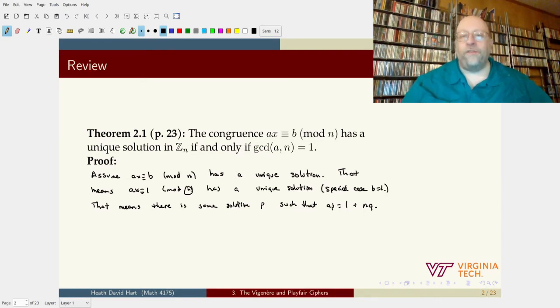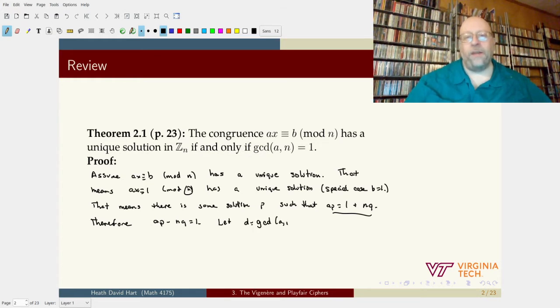So what I'm going to do with this equation here is bring everything except for the 1 to the one side. Therefore, AP minus NQ is equal to 1. This is important, and we'll show why in a second. We're going to let D equal the GCD of A and N. Then D divides A, so D divides AP.